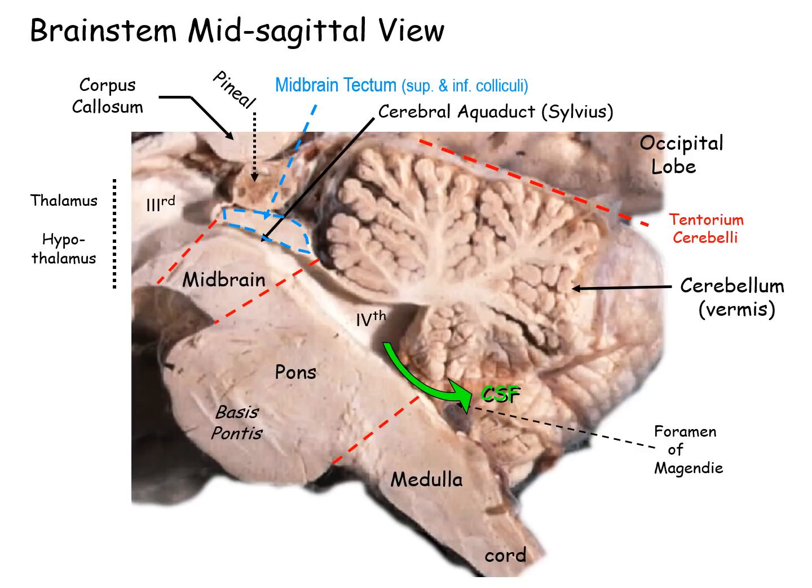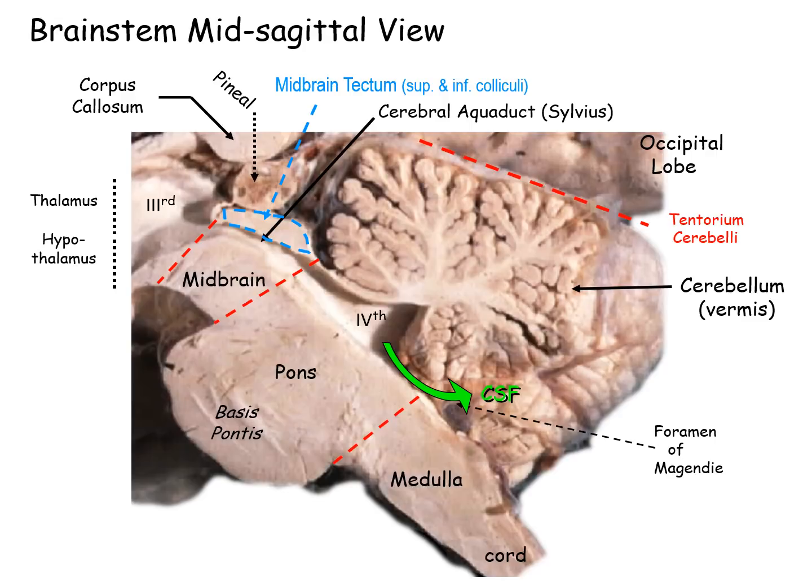Cerebrospinal fluid is generated in the third and the lateral ventricles, and it flows down through this aqueduct, the cerebral aqueduct of Sylvius, into the fourth ventricle. And from the fourth ventricle, it flows out to the foramen of Magendie and some other foramen out around the brain. And then on the roof of the fourth ventricle, we see the cerebellar vermis.